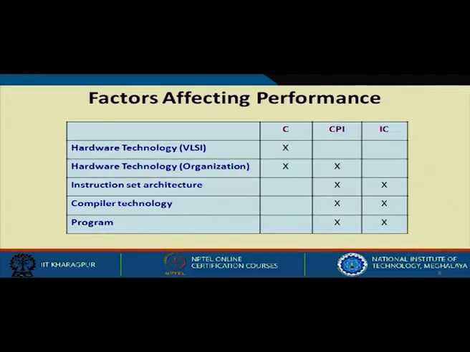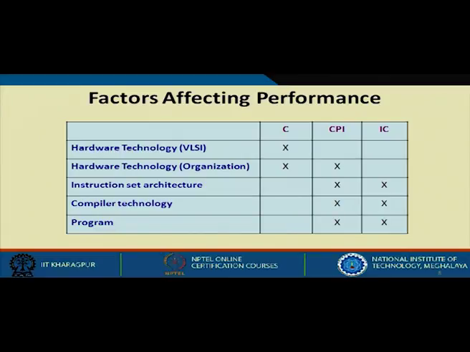Depending on that, your CPI, that is cycles per instruction, will vary. With an efficient organization, your cycles per instruction can be reduced. So, these are the factors that will govern your CPI as well as your clock cycle time.